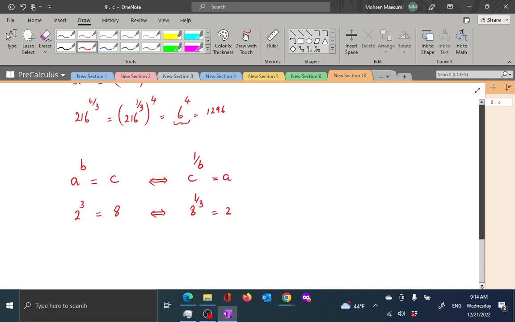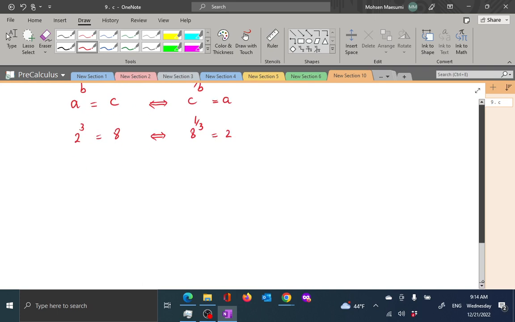Now, what we are after here is, what if we are extracting b? So another way of writing a to the power of b is equal to c is the logarithm of c in base a is b.